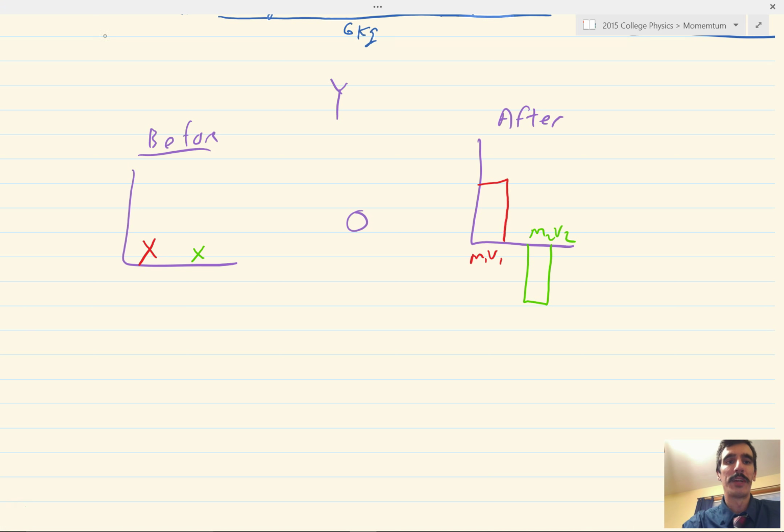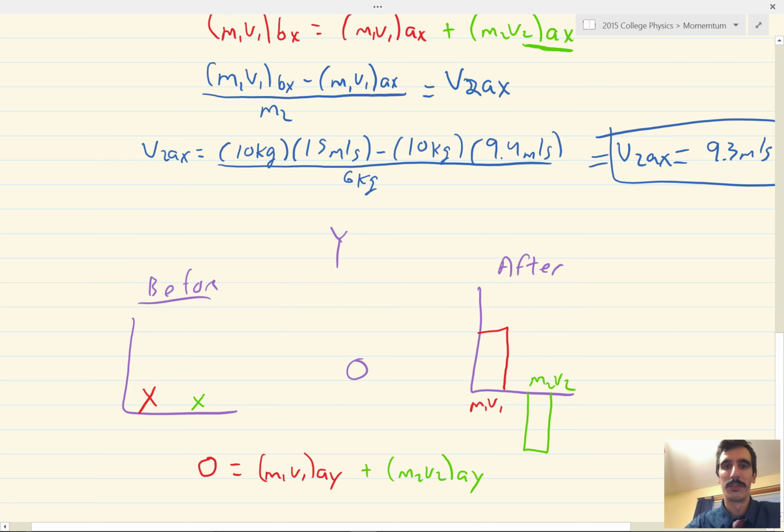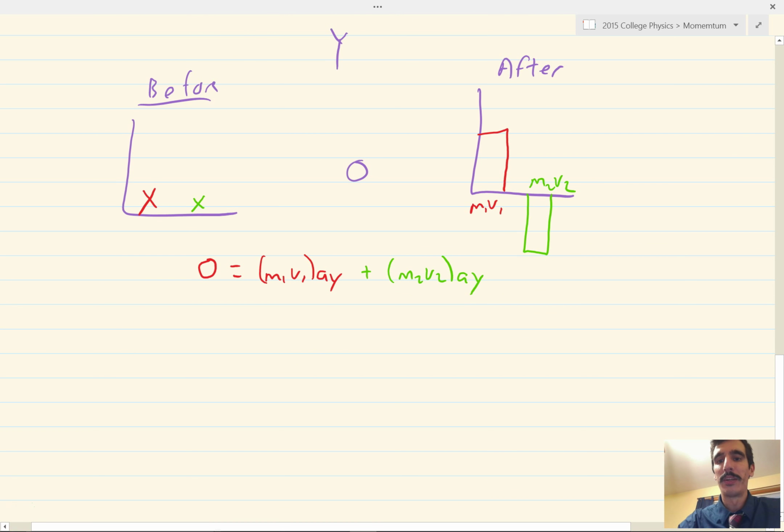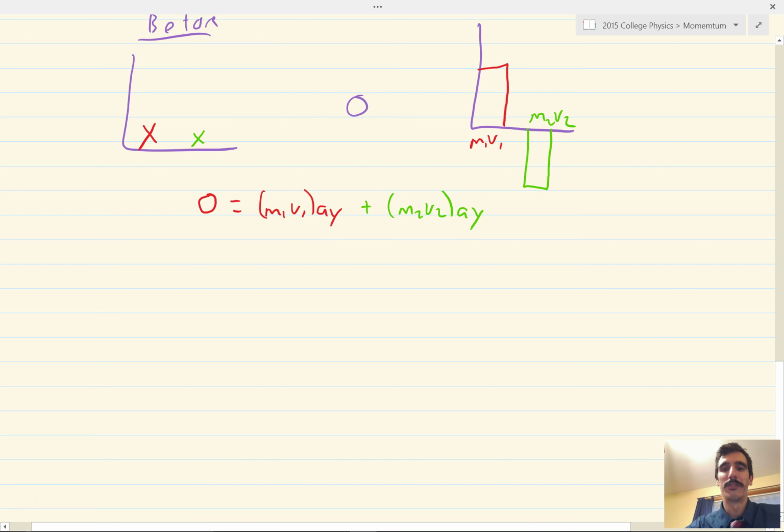So before, we've got 0 momentum equals M1V1 after in the y direction plus M2V2 after in the y direction. We have a plus right here for now, but the math will make it negative, and that's what we want because it's going in a negative direction.